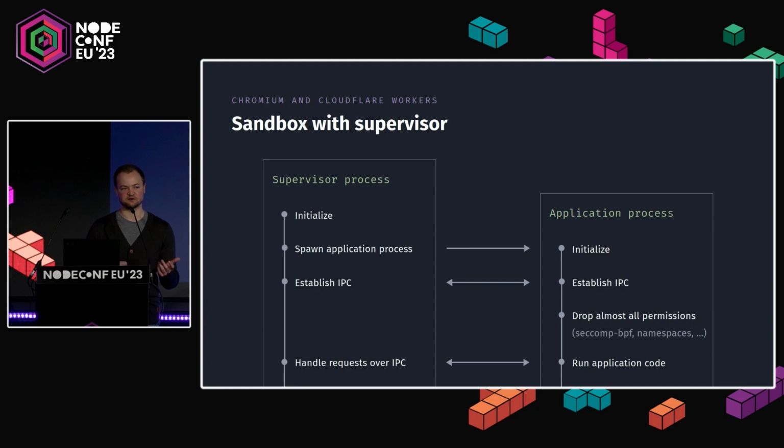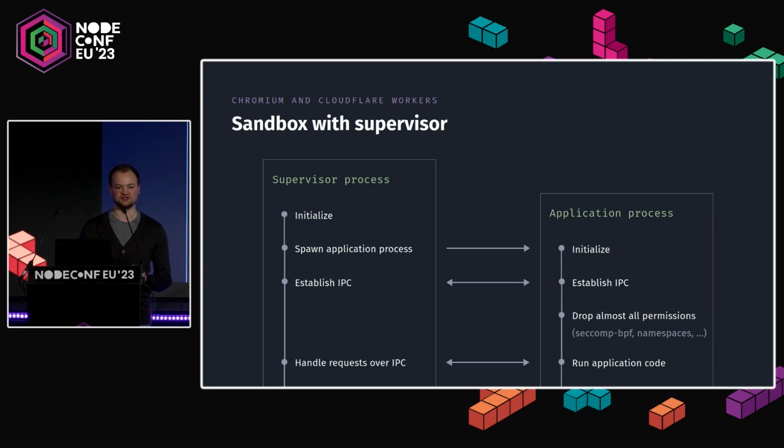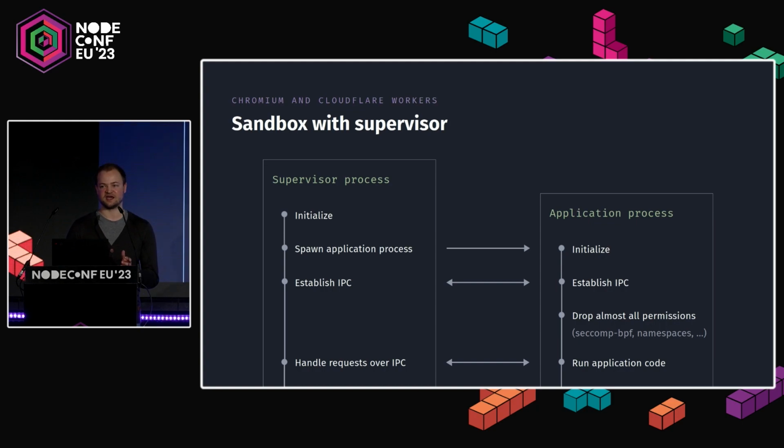So when the browser, for example, or in Cloudflare Workers, you want to open a file or so, well, Cloudflare Workers doesn't do that, but let's say you want to access any critical resource, you can't do that from the process directly. You have to ask the supervisor to do that for you. You ask the supervisor process to do that through the IPC channel. The supervisor checks the request against the security policy and then either rejects or approves the action and sends the result of the operation back to the application process.